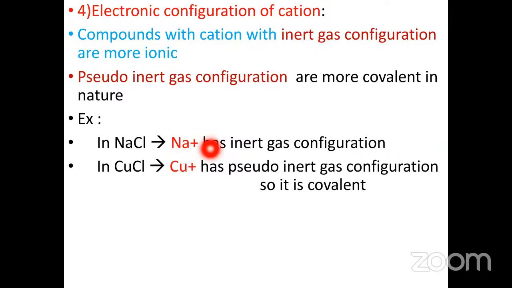In sodium chloride, the sodium plus has inert gas configuration. If you write this electronic configuration, then you will understand easily. In CuCl, Cu plus has pseudo inert gas configuration. The compounds with pseudo inert gas configuration are more covalent in nature. Thus CuCl is more covalent in nature. These are Fajans' rules.